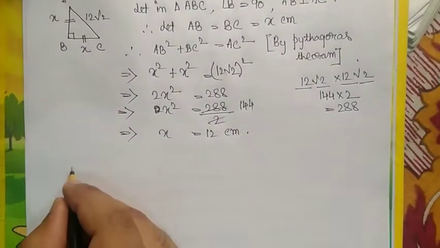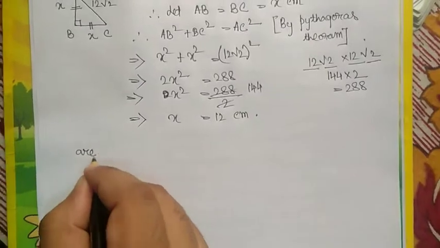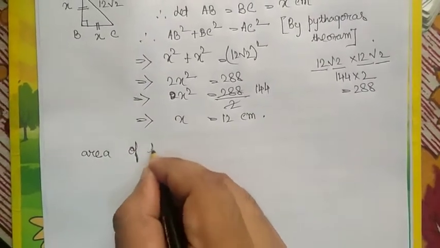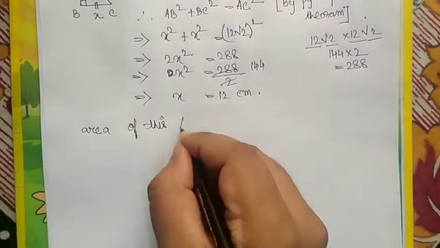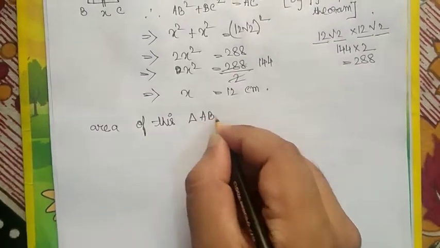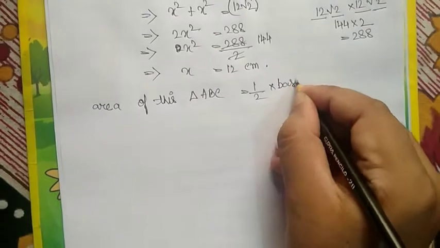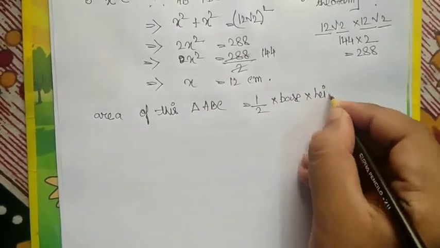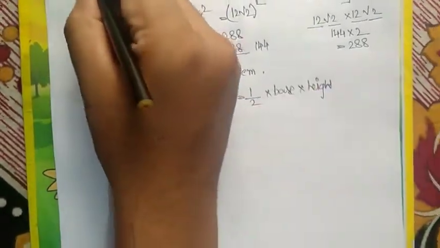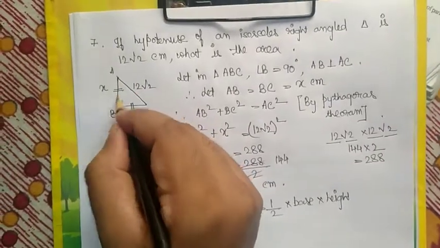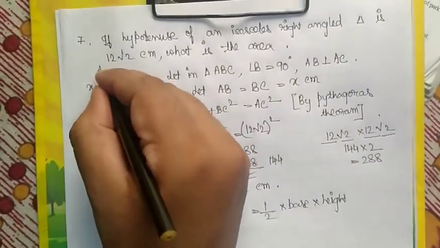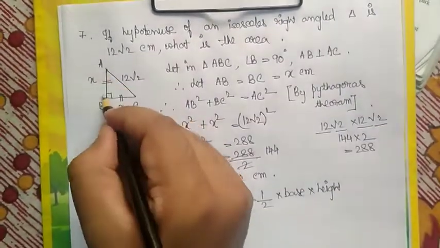Now the area of this triangle ABC equal to half into base into height, because here we know this is AB perpendicular on BC, therefore we know the height and base also.